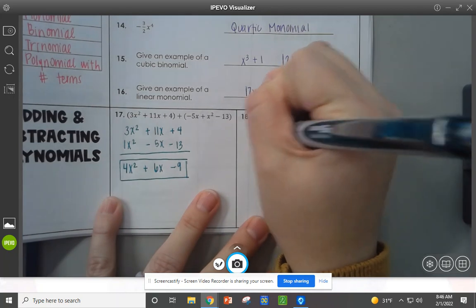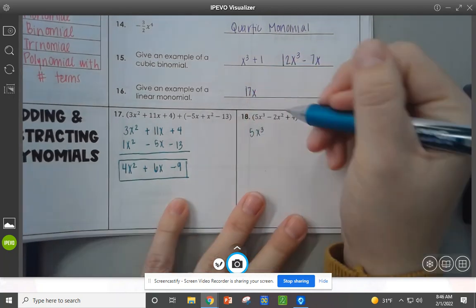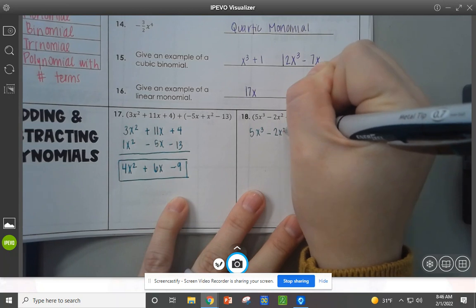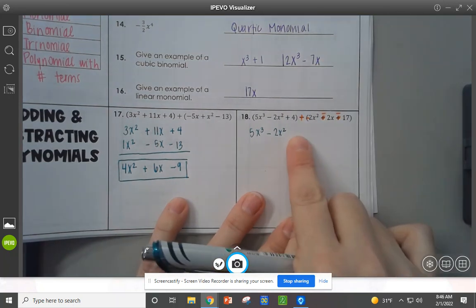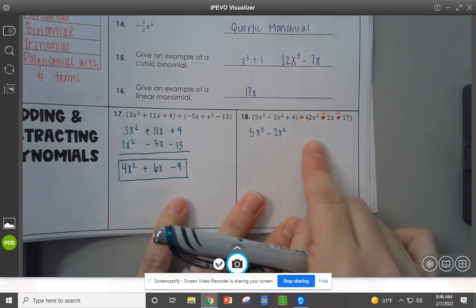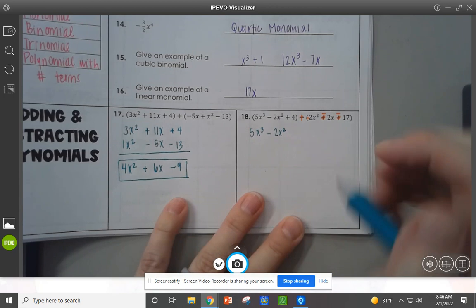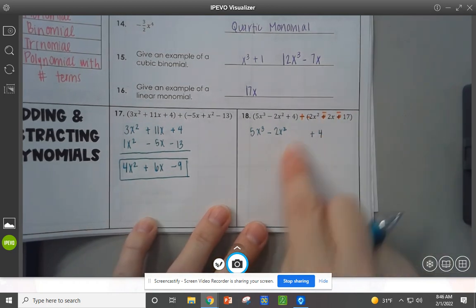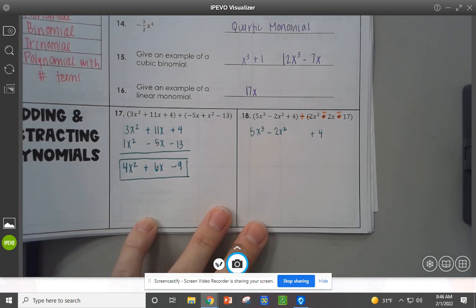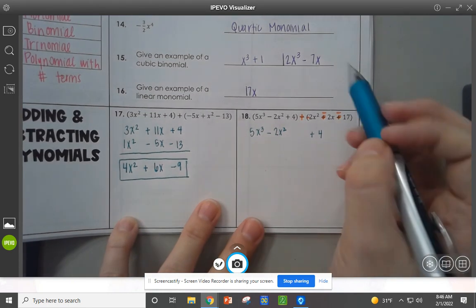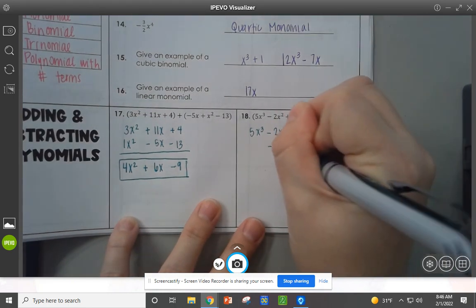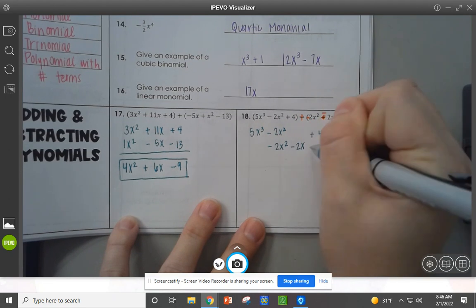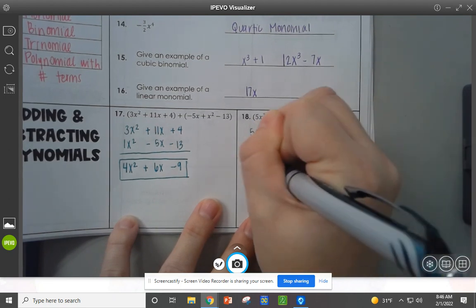So we have 5x cubed minus 2x squared. I'm going to leave a space for just the plain x because my first one didn't have it. Plus 4. And I want to make sure that I have a place for it when I write my second one down. So then we have negative 2x squared minus 2x minus 17.